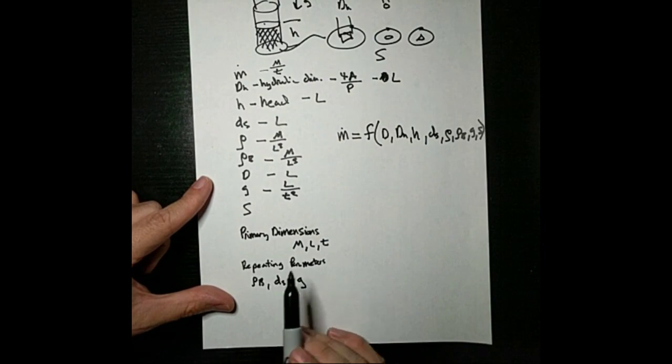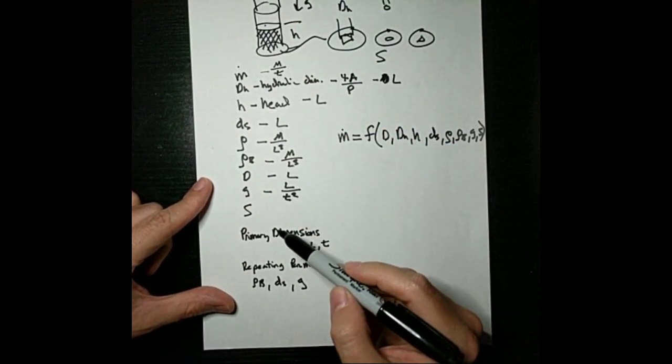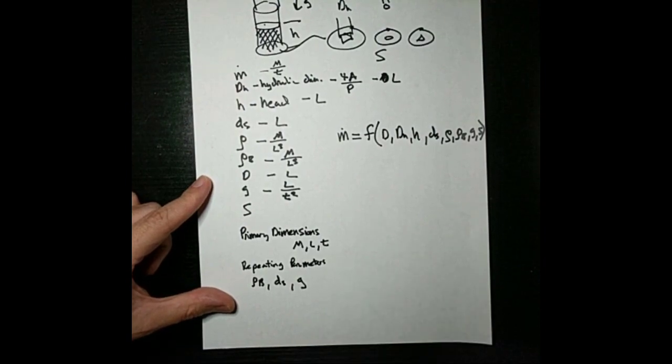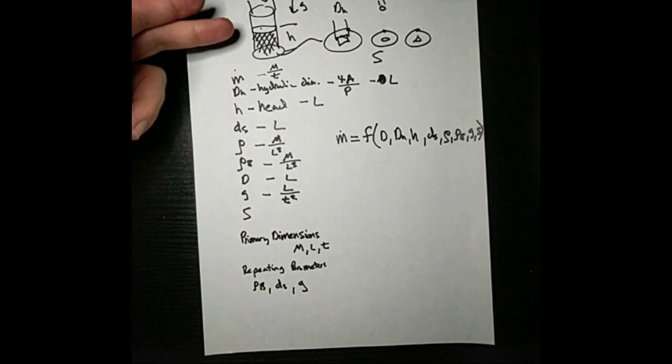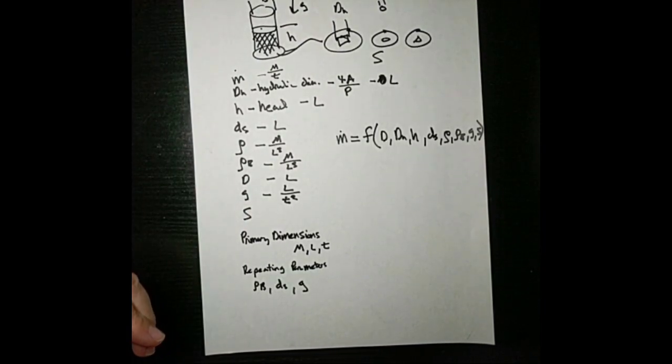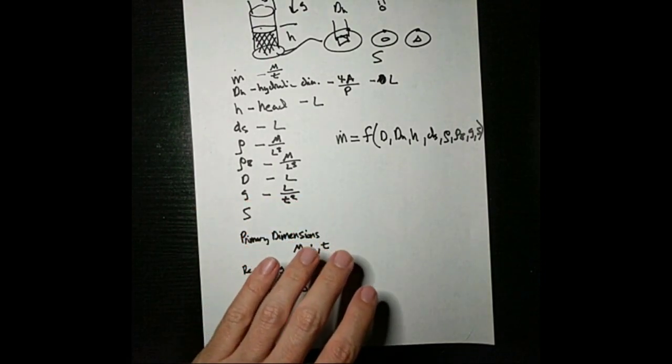So now we can make, using our repeating parameters, some dimensionless groups. So that will allow us to have different, we'll call them pi groups, that don't have any dimensions in them. And that allows us to scale our experiment to some set scale. And then we can interpolate from that at different scales if we needed to.